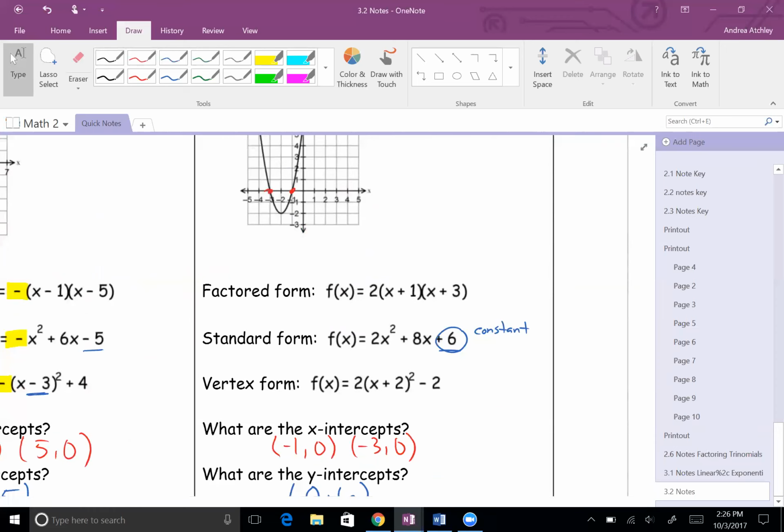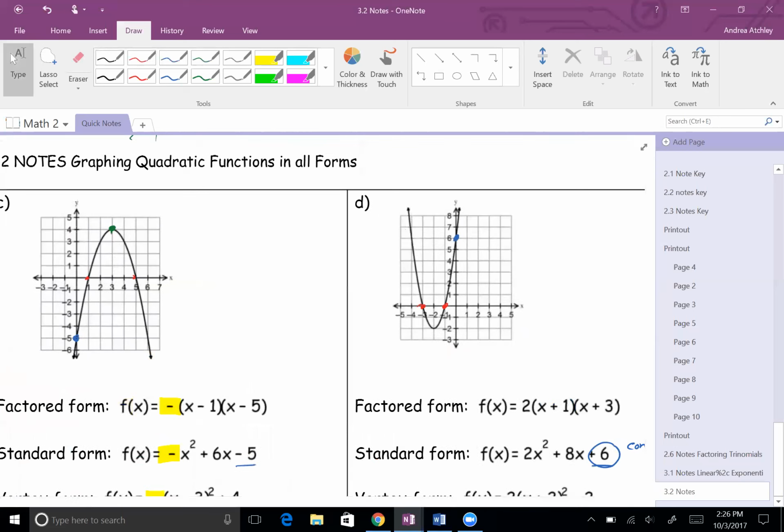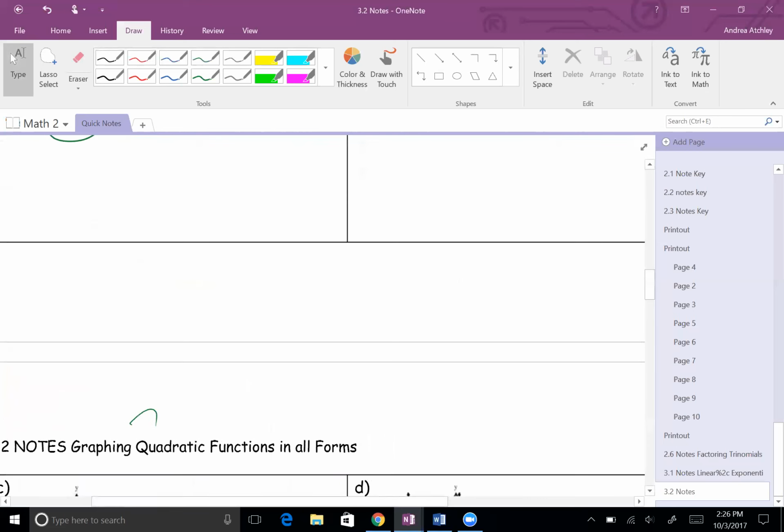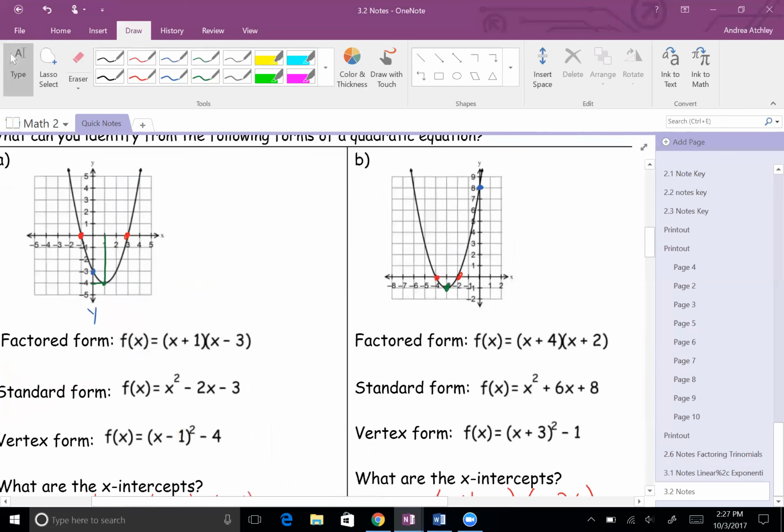What did it do to the graph? What can you notice is the difference between, say, D and B and A? It's narrow. It's a thinner parabola. Okay, so if you have an integer in front, it's going to make your parabola thinner.